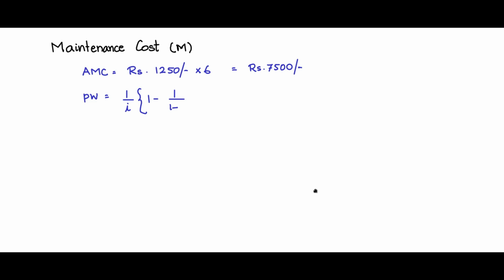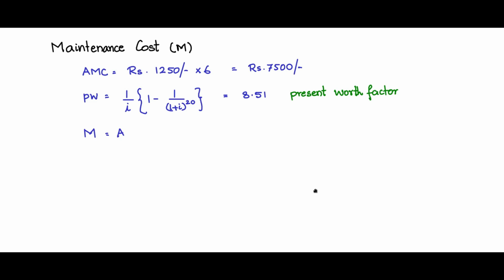Next we will do the maintenance cost, M. There is the annual maintenance. We know what is given is rupees 1,250 per hand pump. So into 6 hand pumps will become 7,500. And the present worth factor, PW, I will call it (1 by i) times (1 minus 1 by (1 plus i) to the power of 20), N is 20, and that works out to be 8.51. This is the present worth factor.